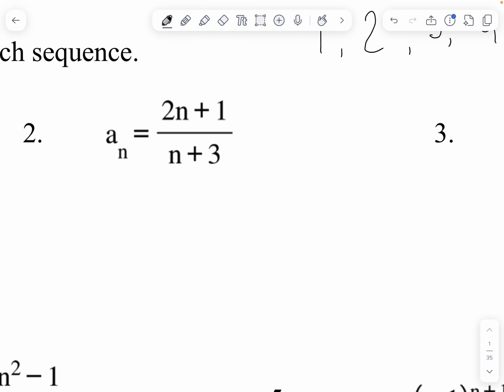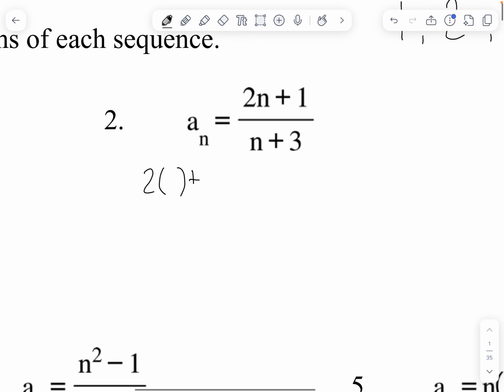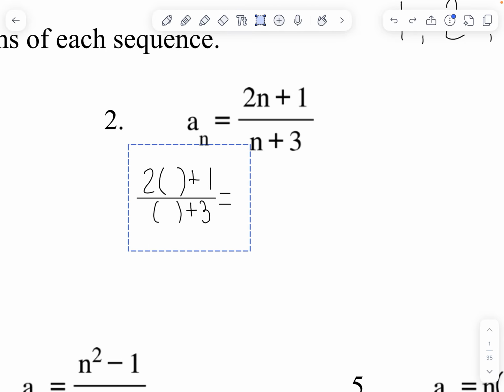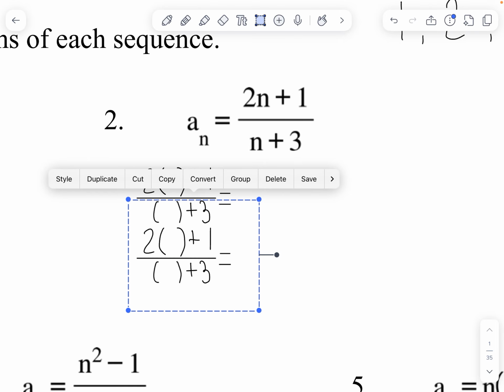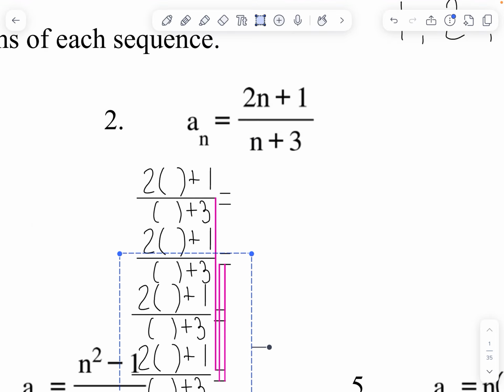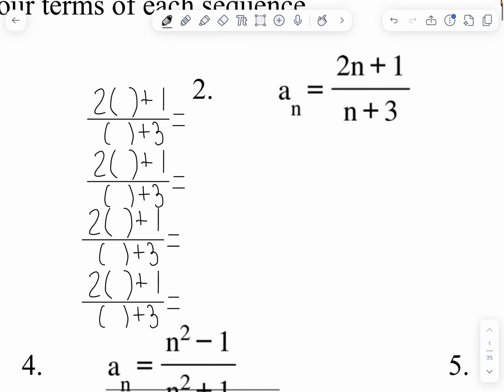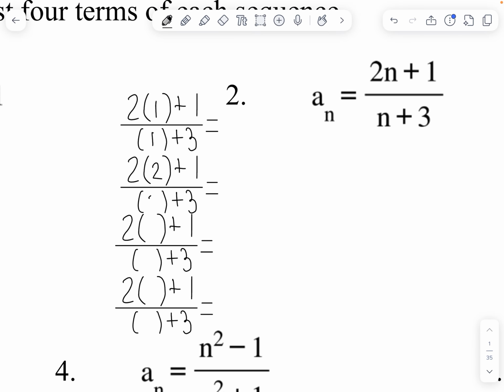Time for this one. So 2, 1 and 1, 2 and 2, 3 and 3, 4 and 4.